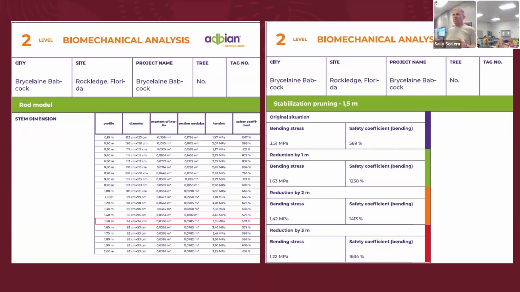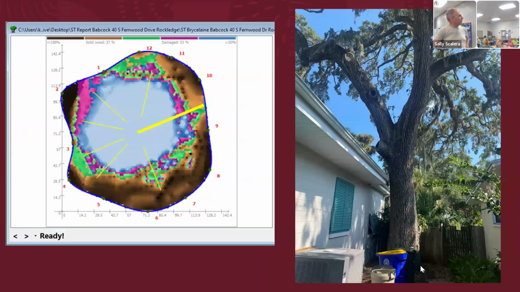It uses dendrology as we know it, all the loading and statistics associated with dendrology and how canopies receive and affect the stem. So what this does is, by photographing the stem, it will theoretically slice the stem every 10 centimeters, 2.5 inches.